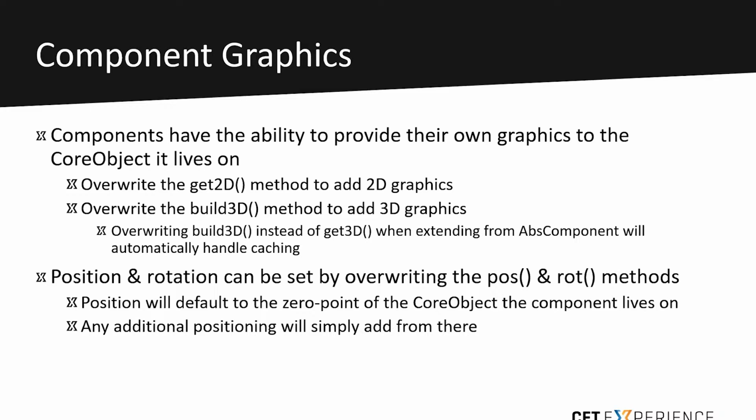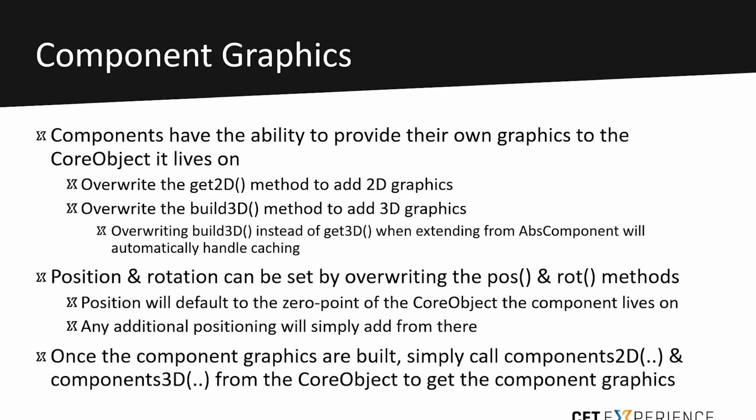You can also, if you know exactly that this component is only going to live on this core object and it's exactly going to be on this spot, technically write your 2D and 3D graphics to go straight to that position just from get 2D or build 3D or whatever. But I generally recommend overriding the position and rotation methods to handle that anyways, because the second you have any variability later on, you'll probably want to have that code there. So I'll show a little bit of that here soon.